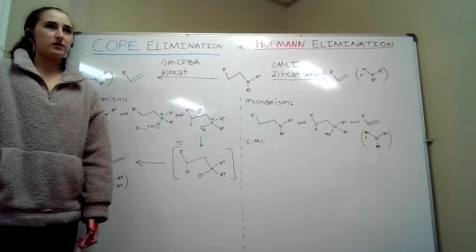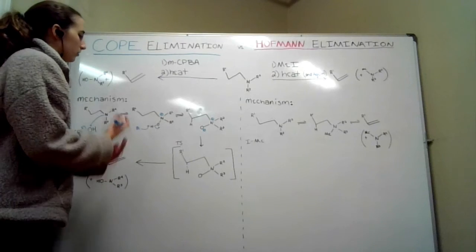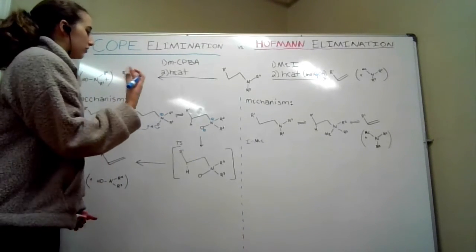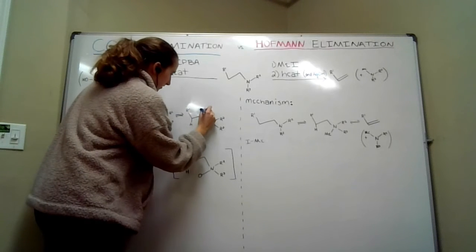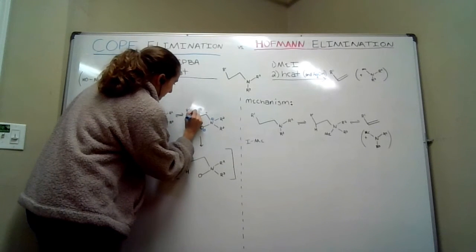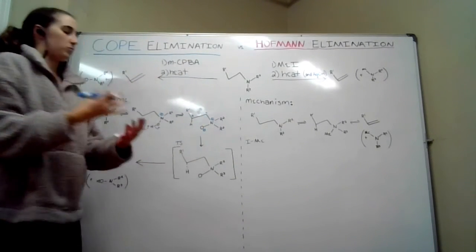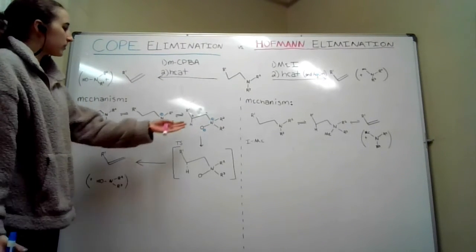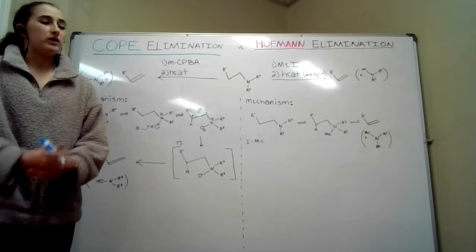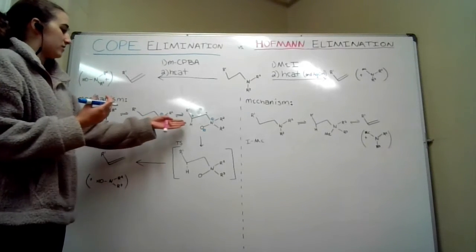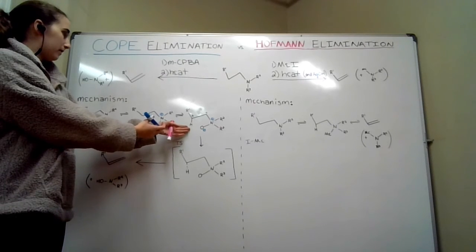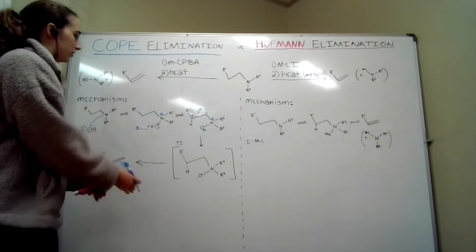So, as with eliminations we've looked at, we talk about the alpha and beta carbons. As a refresher, this is the alpha carbon, which means this is the beta carbon. Now, like in eliminations we've seen before, we are going to deprotonate the beta proton in order to get our product.